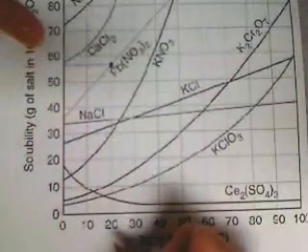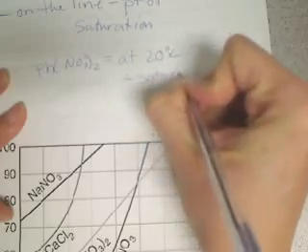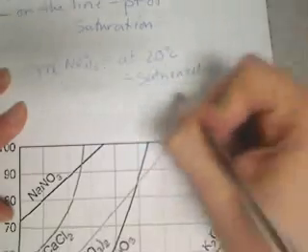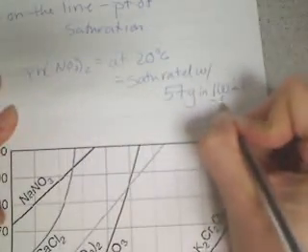So for lead nitrate at 20 degrees C, it is saturated with 57 grams in 100 mLs of water.